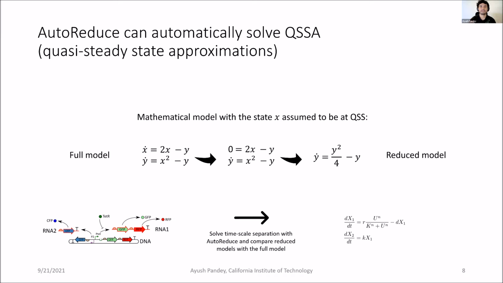If we are interested in a certain order of timescale, we can reduce out the dynamics of everything that's much faster.